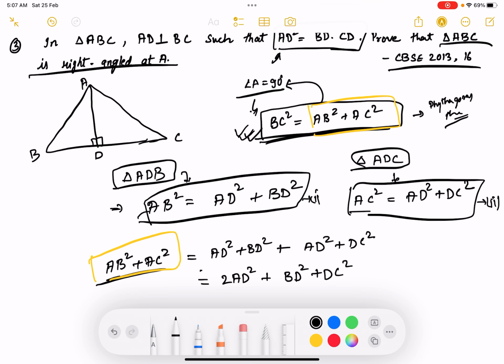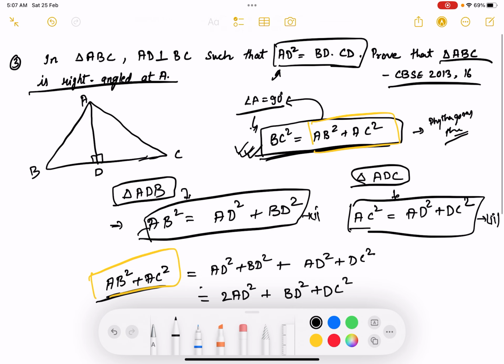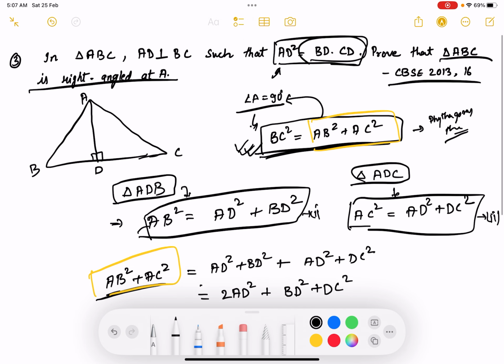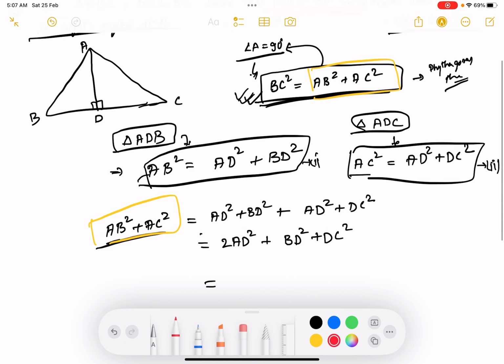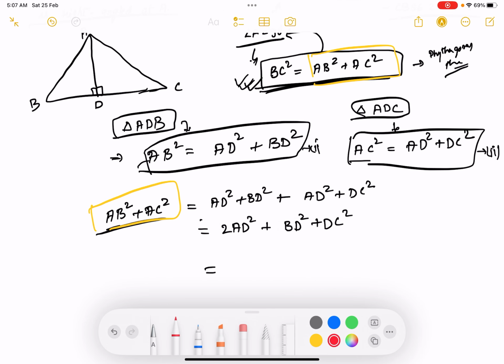One thing we are given is AD square is equal to BD into CD. So we are going to substitute this.